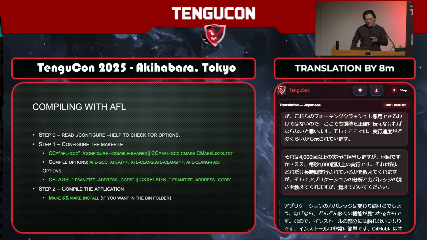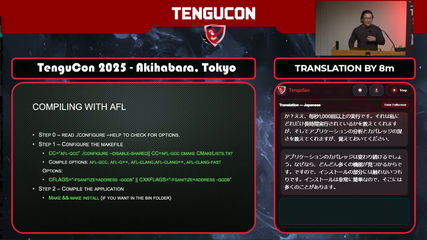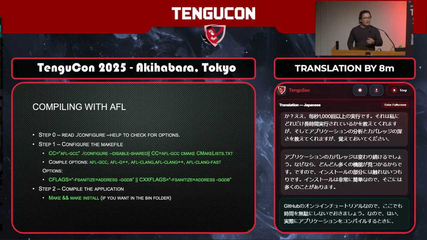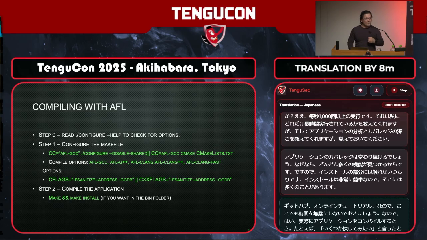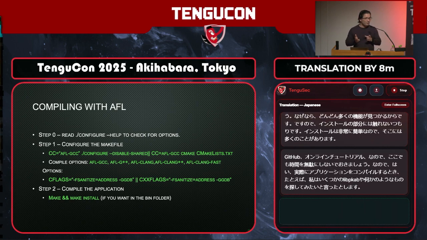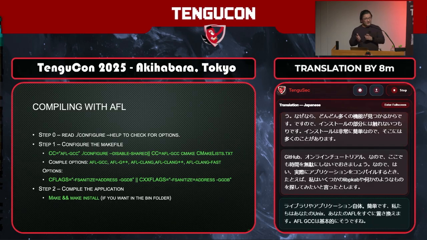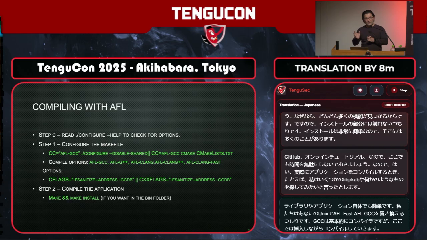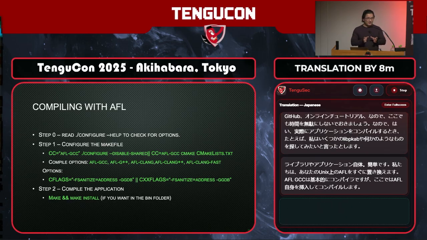So yes, now when you're actually compiling the application, let's say you want to fuzz libpcap or some sort of library or application itself. It's easy. You replace your compiler on Linux with AFL-GCC. It compiles the application while inserting AFL's own tracking functions, to make sure that every time some function is executed, it maps it in its engine.